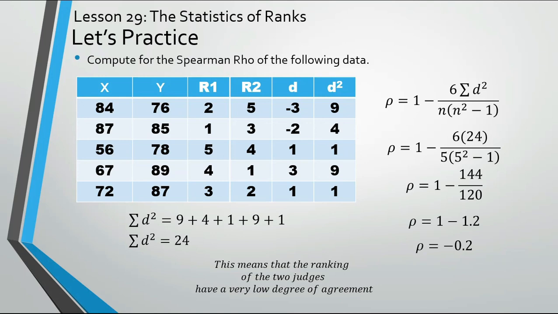So, ganun dito. Ibig sabihin, kapag mababa or negative, hindi na sila magkaparehas ng hinahanap masyado. Magkaiba yung kanilang hinahanap sa contestant or sa ranking. As you can see here, halos magkakalayo yung ranking nila. Walang halos magkakaparehas or even close.